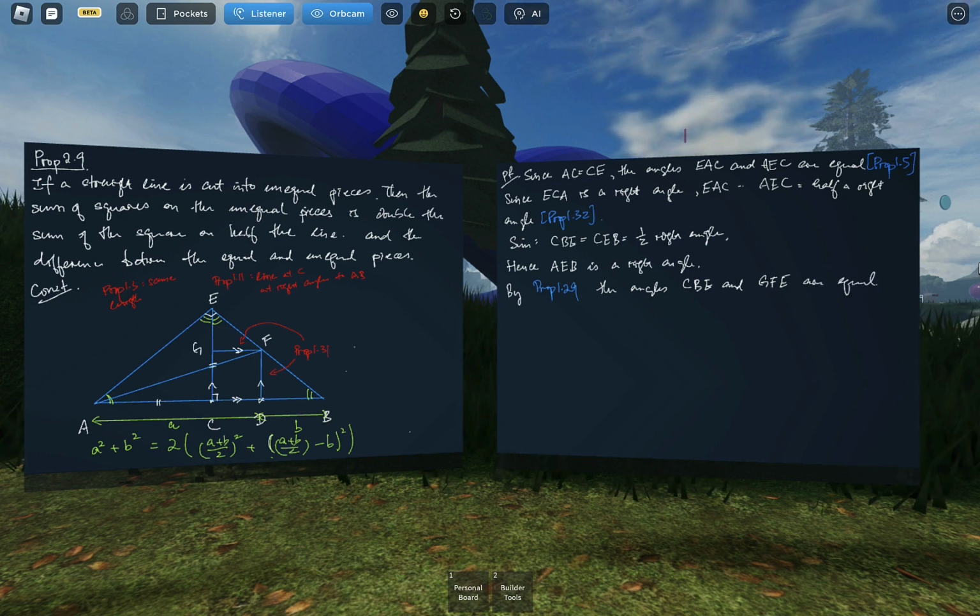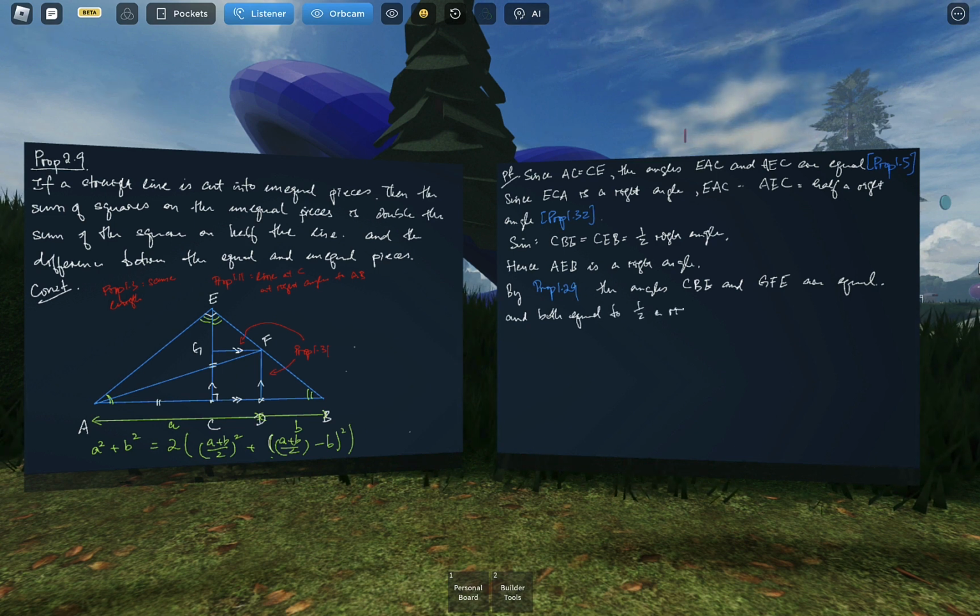In fact, they're both equal to half a right angle as well.